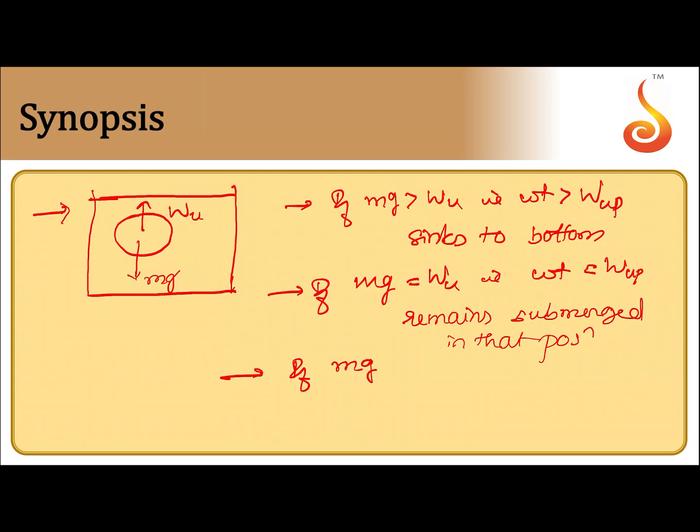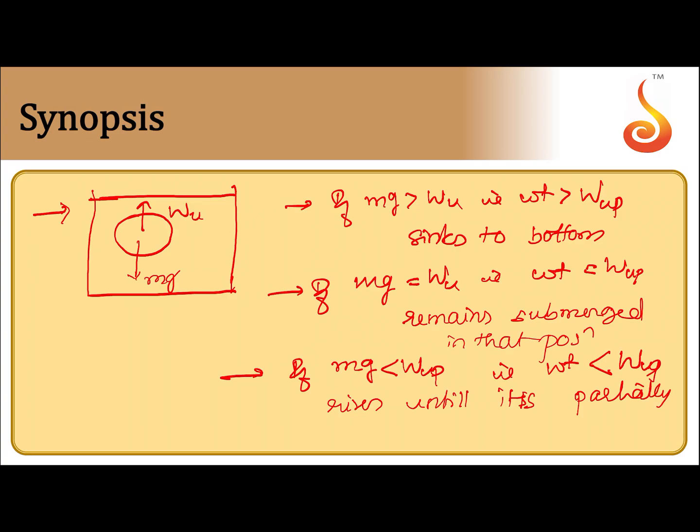If the weight is less than the upthrust, what happens? You may notice that there is a net upward force on the object and therefore it rises until it is partially submerged. It is partially immersed or partially submerged.